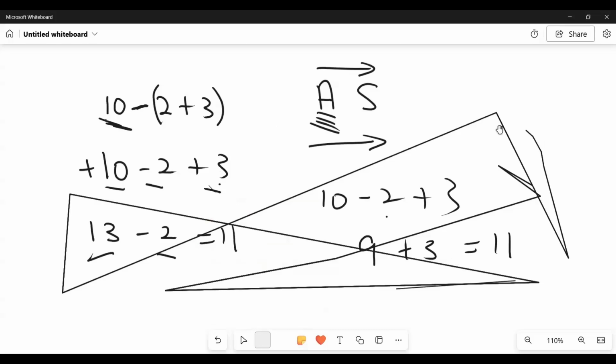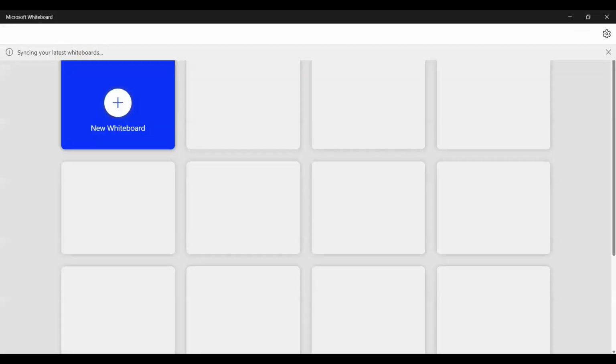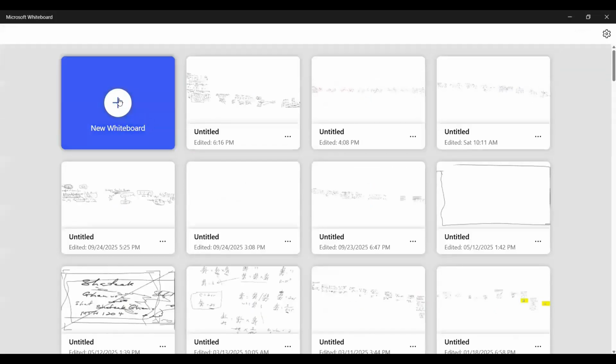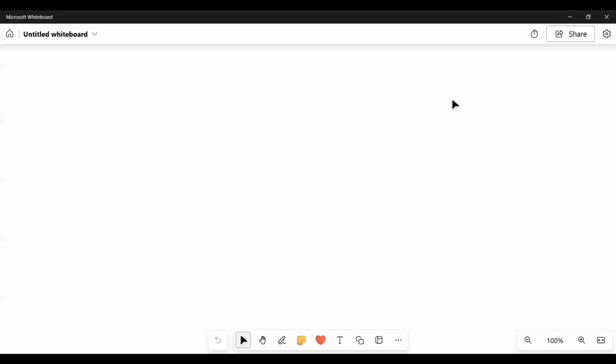Every time I do that, what's happening there? I might have to refresh this whiteboard because it's behaving crazy. All right, let me go back to it. Let me do another whiteboard. Can you see a new whiteboard now?